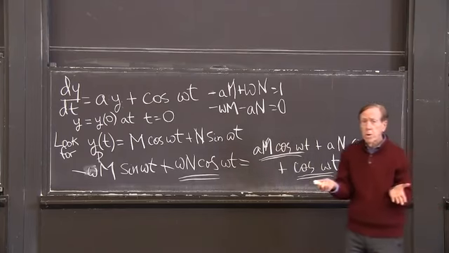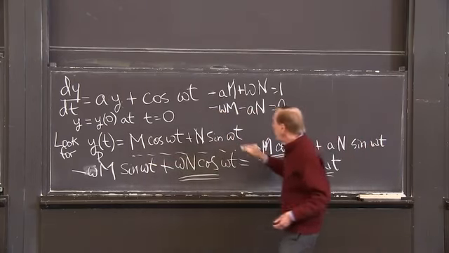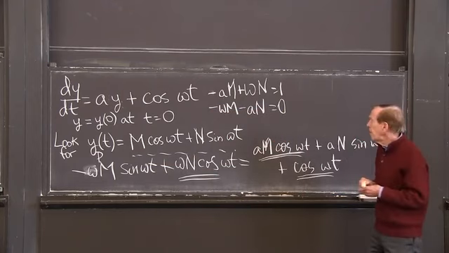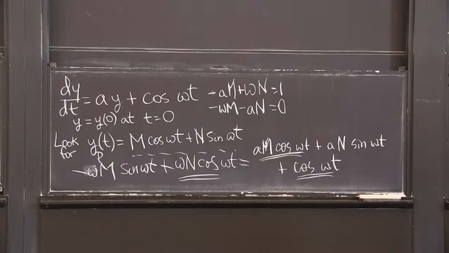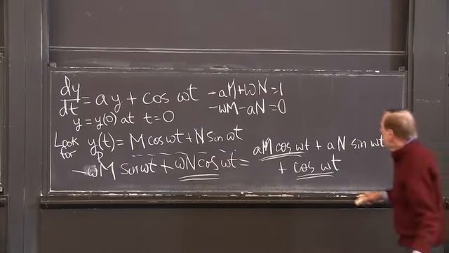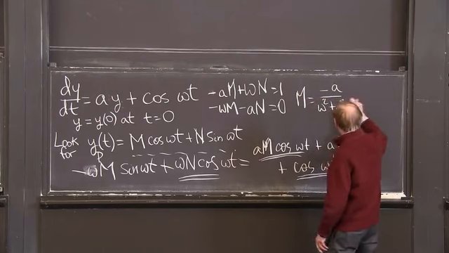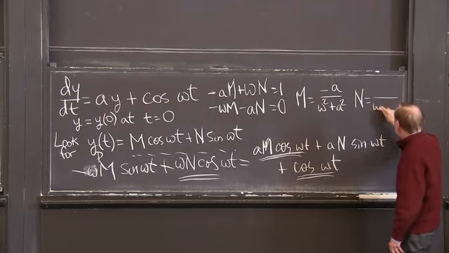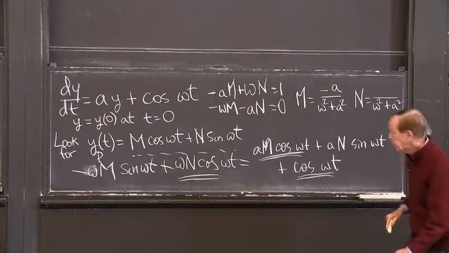So I just solve those 2 equations, and I've got the particular solution that I look for. So it's 2 equations, 2 unknowns. It's the basic problem of linear algebra. I'm inclined to just write down the answer, which I prepared in advance. m turns out to be minus a over omega squared plus a squared. And n turns out to have that same omega squared plus a squared, and above it goes omega.